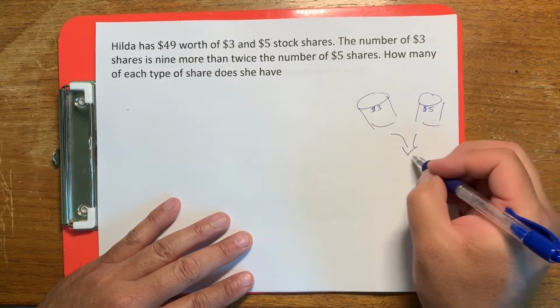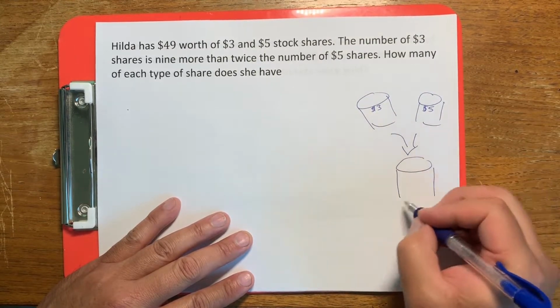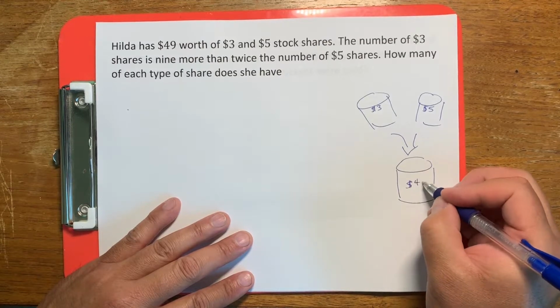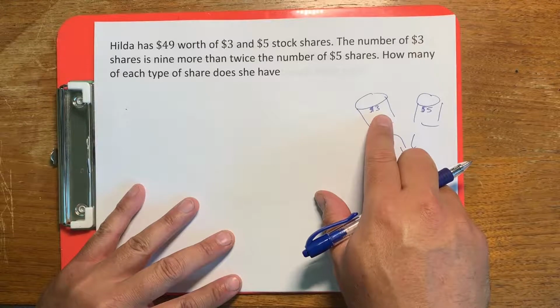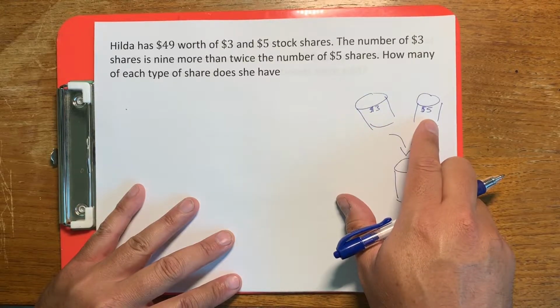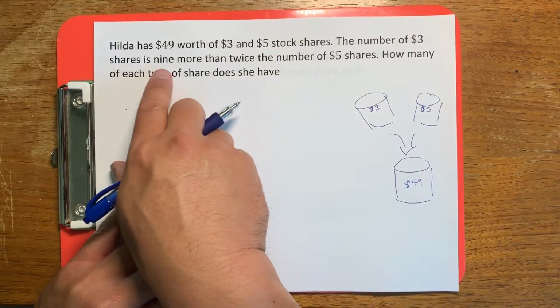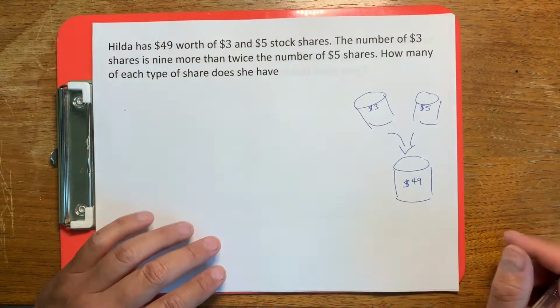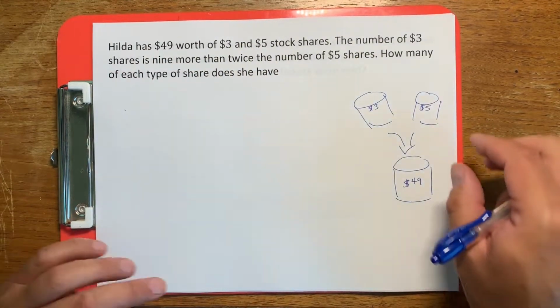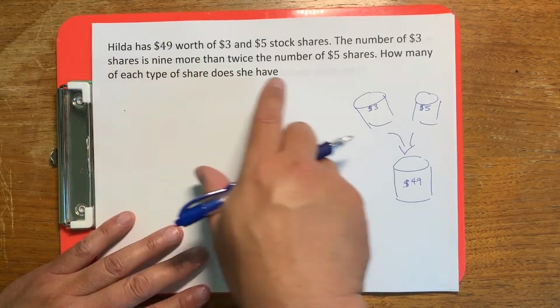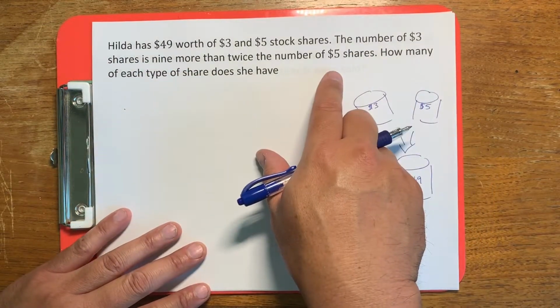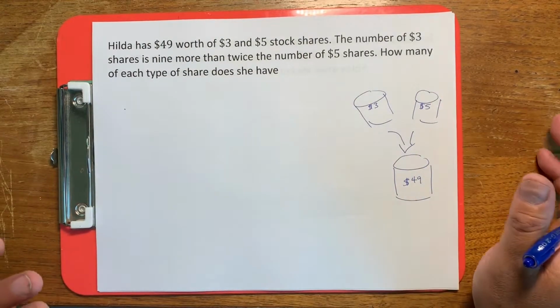And what she's going to get when she mixes them together is $49. So the only question we have is how many of these are there and how many of these are there. So the number of $3 shares is 9 more than twice the number of $5 shares. Okay, so the only difference between this and the previous problems is that the relationship between $3 and $5 shares is a little more complex.